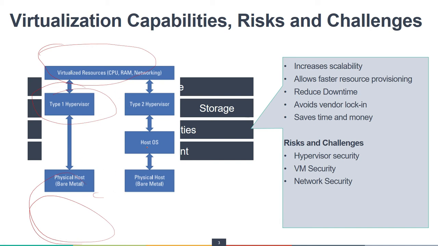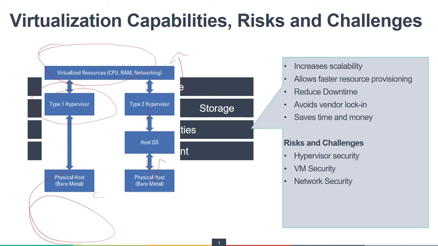In the type 2 hypervisor, we have a bare metal physical host, which hosts another host OS, and then we have the hypervisor on top of the host OS, and then we can run all the virtual resources on top of that. We can run multiple VMs here.